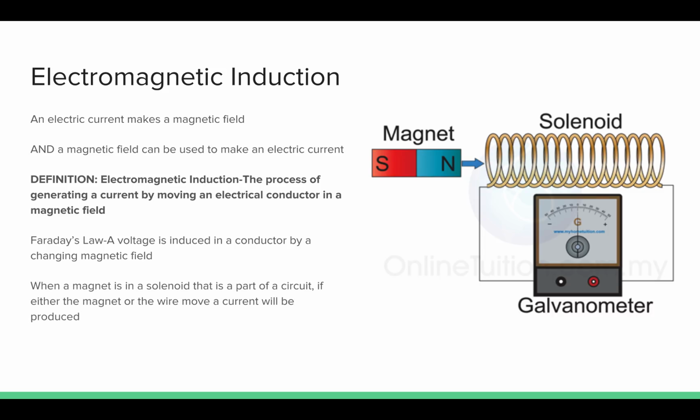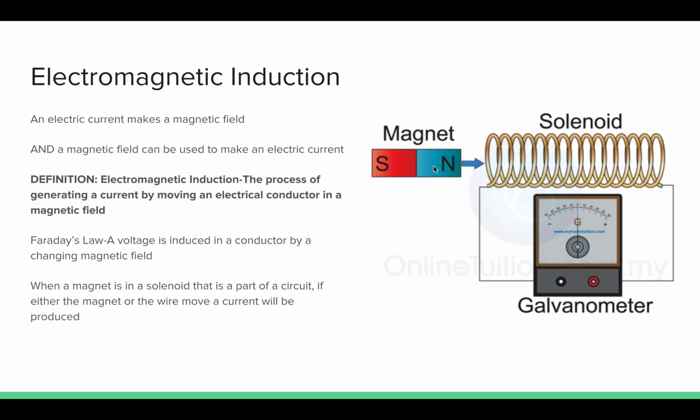So when we look at this diagram that we have here, when a magnet is in a solenoid that is a part of a circuit, if either the magnet or the wire move, a current will be produced. So what this is saying is if we take this magnet here and we push it through this solenoid, then that will create an electric current.